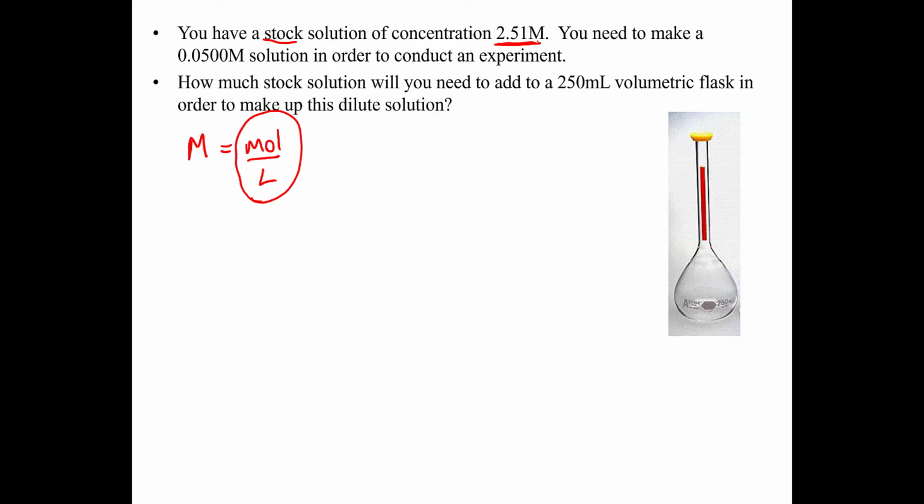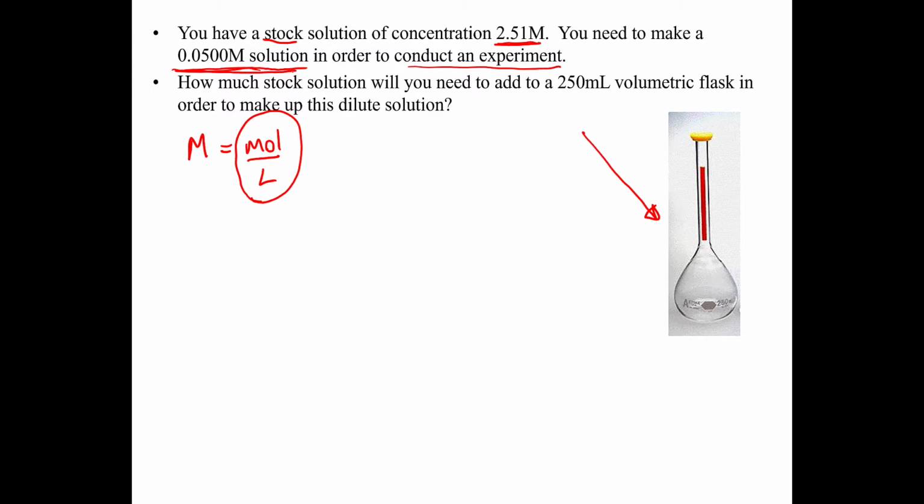We need to make a 0.0500 moles per liter solution in order to run a particular experiment that we're working on. So the question is, how much of this stock solution will we need to add to that 250 milliliter volumetric flask in order to make up that dilute solution of 0.0500 moles per liter?